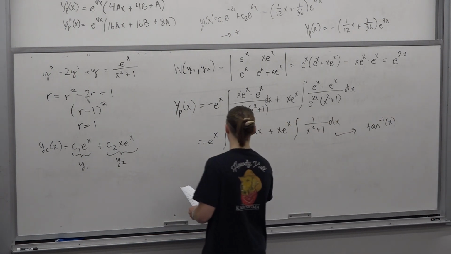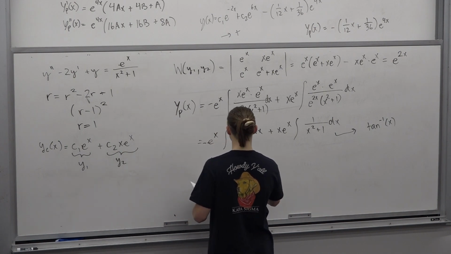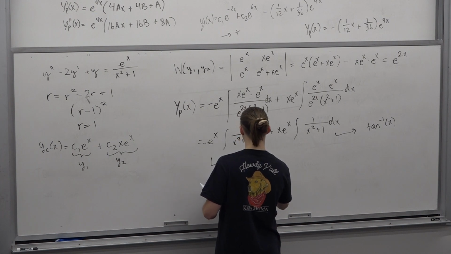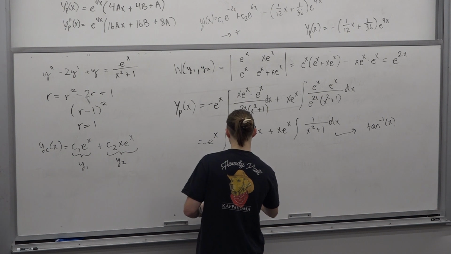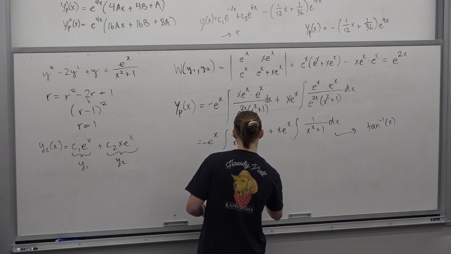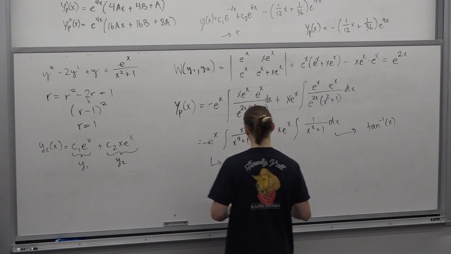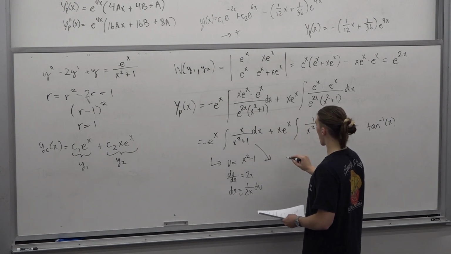Over here, a little more complicated. We're gonna do a u sub. Let u equal x squared plus 1. So du dx equals 2x, so dx equals 1 over 2x du. Let's plug that back in.